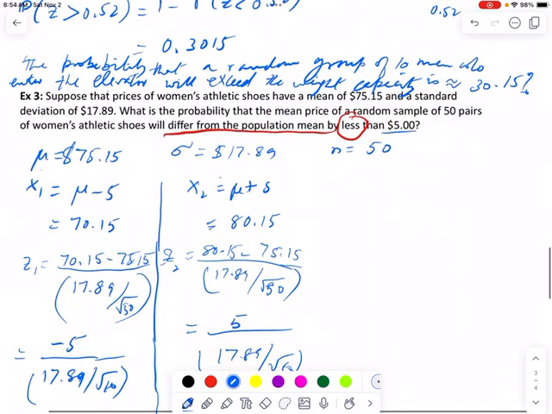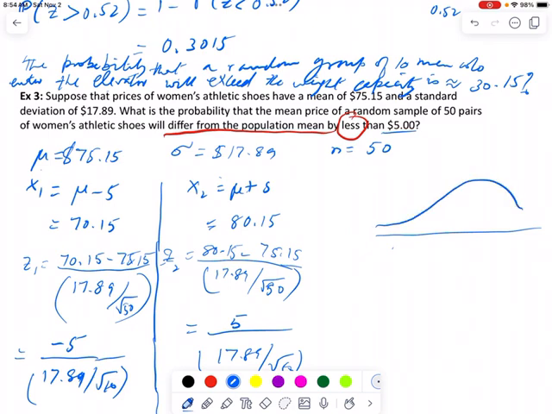So making that diagram, bell curve. Okay, this is better. Somewhere here we have negative 1.98 and 1.98.